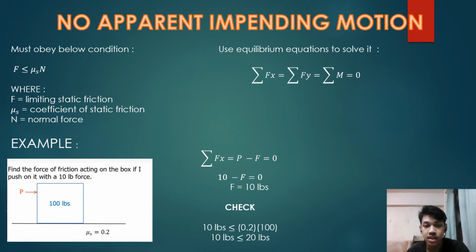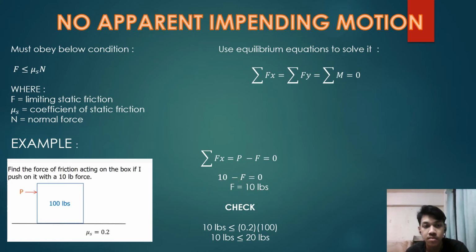So basically we use the sum of the forces in the x direction equal to P minus F, where F is the friction opposite to the direction of P, equal to 0. Then we get the force equal to 10 pounds.